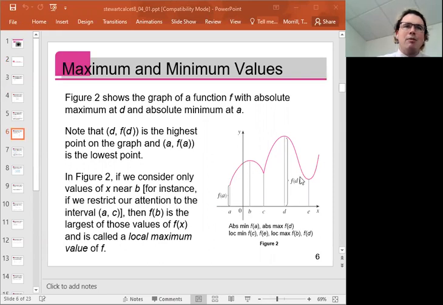But then what about these? Here is a point, x equals b, that I am at least larger than everything else nearby. Here's a point, x equals e, I'm at least smaller than everything else nearby. So we would call these local maximums and local minimums, respectively.